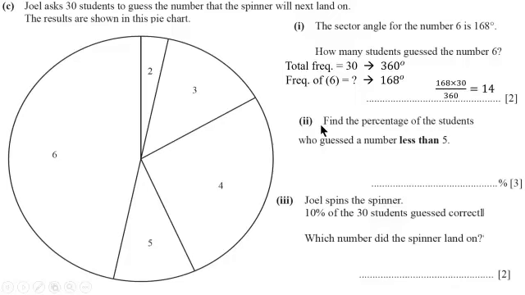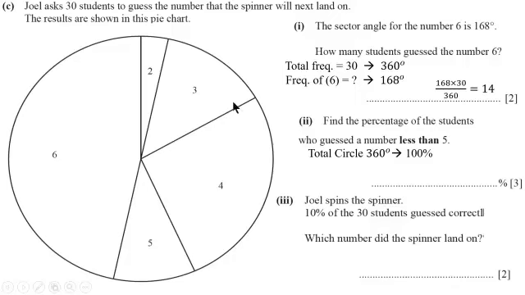Okay. Part 2, find the percentage of the students who guessed a number less than 5. With respect to the percentage, you must know that the total circle, which is 360 degrees, is represented by 100%. Now we want to know the percentage of students who guessed a number less than 5.